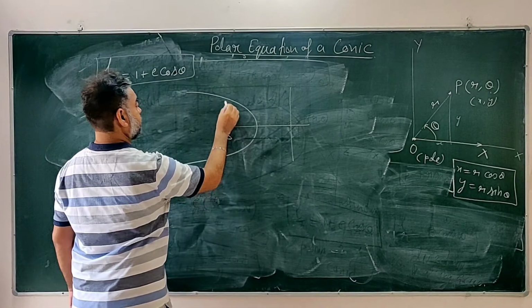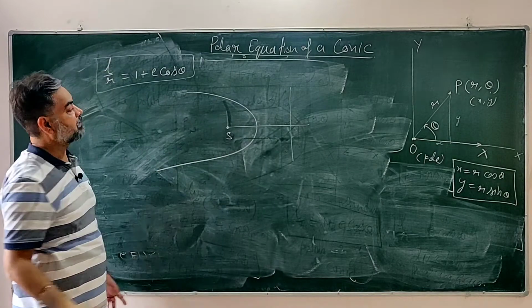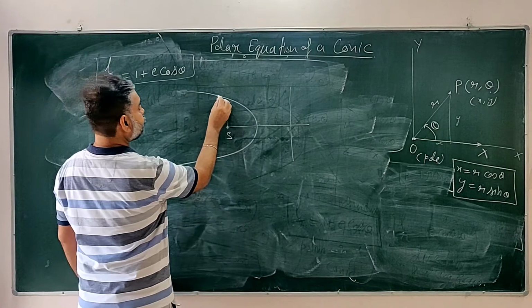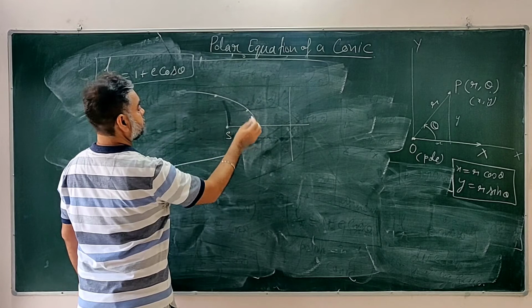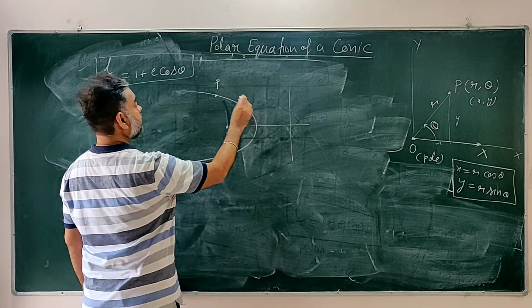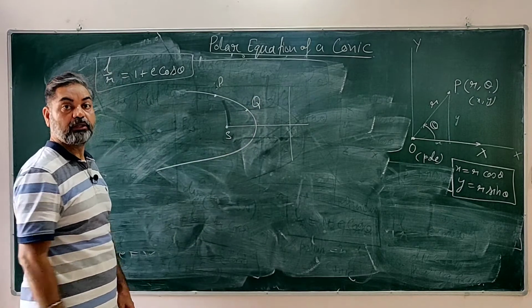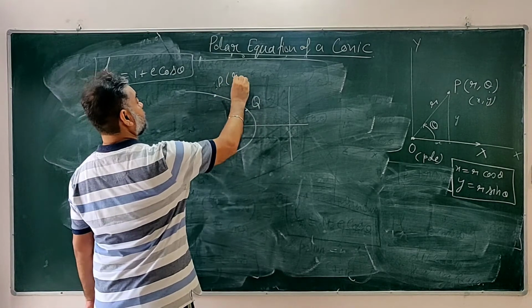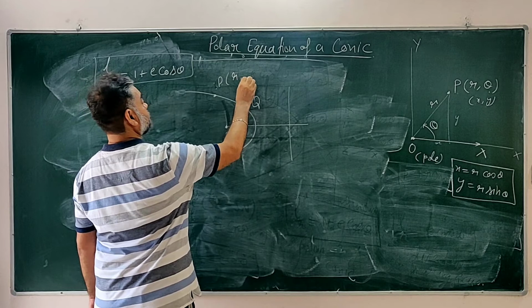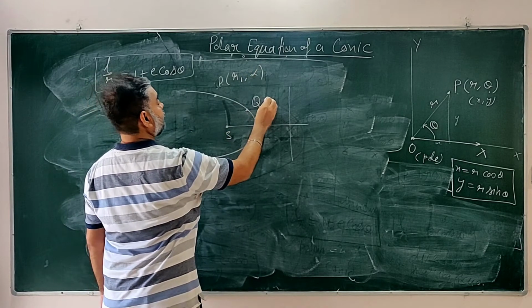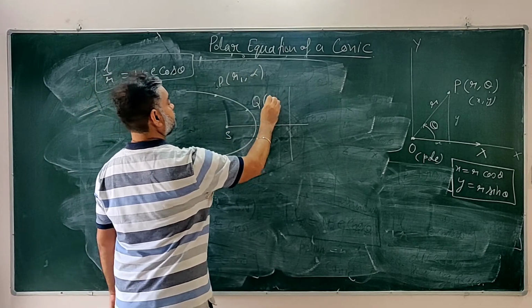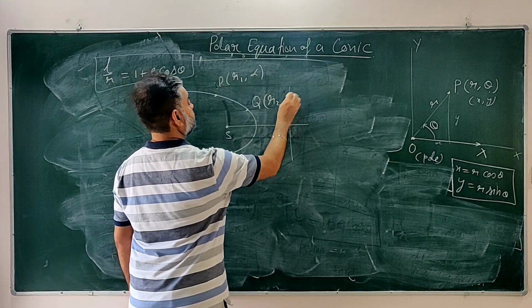L is the length of the semi-latus rectum. Suppose there are two points P and Q on this conic. The coordinates of P are (r1, alpha) and the coordinates of Q are (r2, beta).